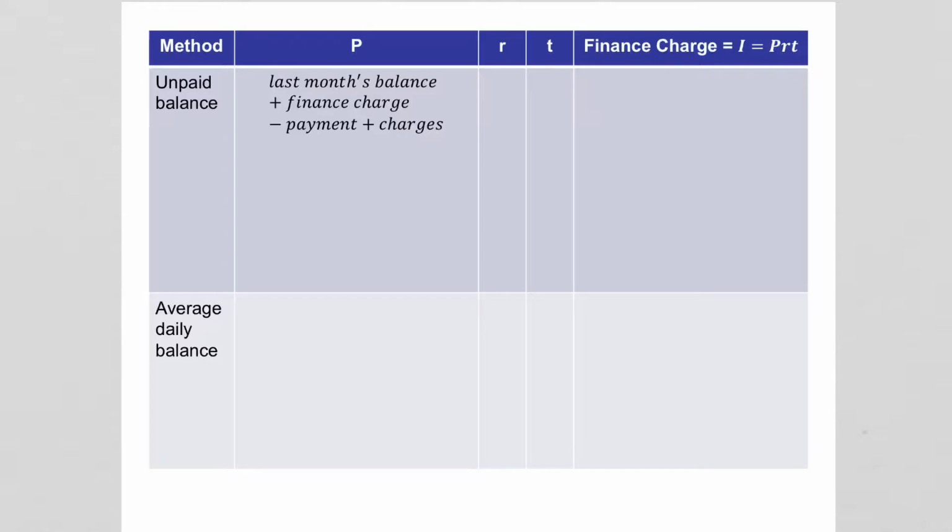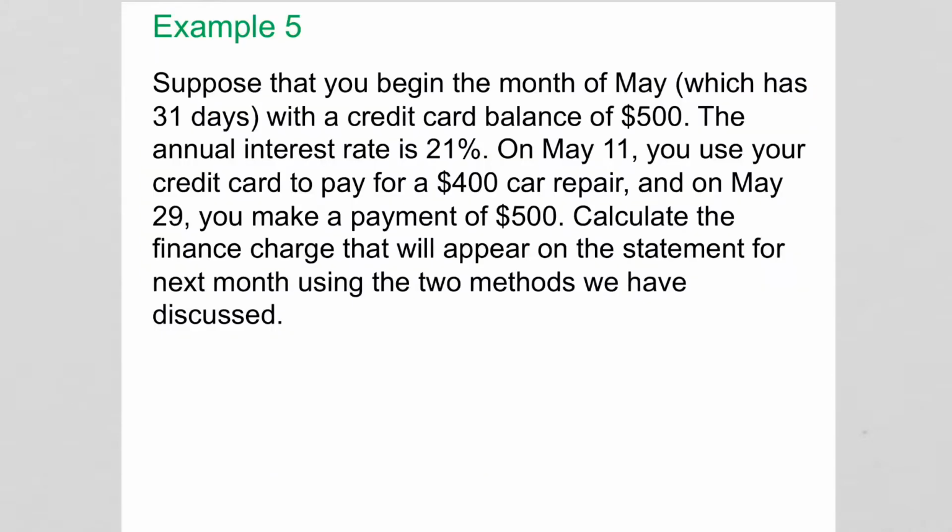So for the unpaid balance method, we take last month's balance, that was $500, plus the finance charge. Well, I need to go back and find that. So the finance charge, I equals P times R, which is 0.21, times T, it's a month, so 1/12, $8.75.